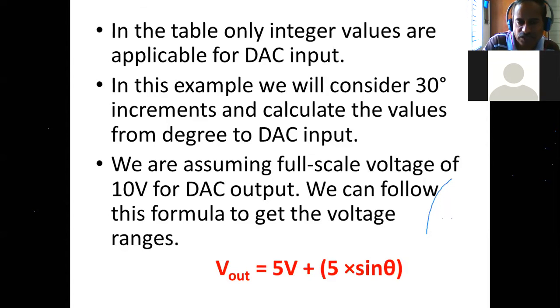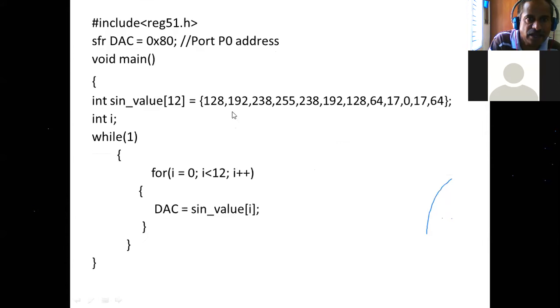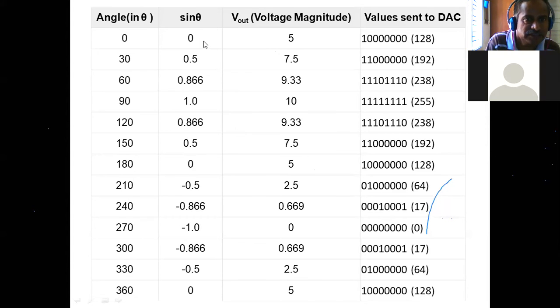See, this table gives analog voltages for different angles of theta. For a value of theta 0, we get 5 volts.